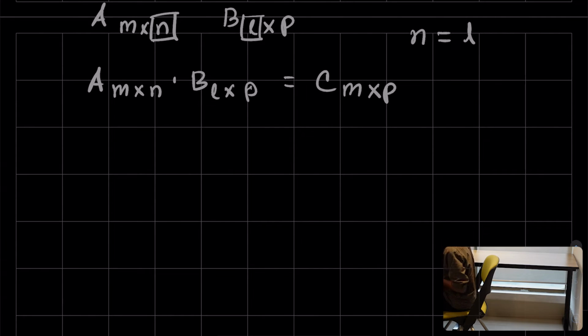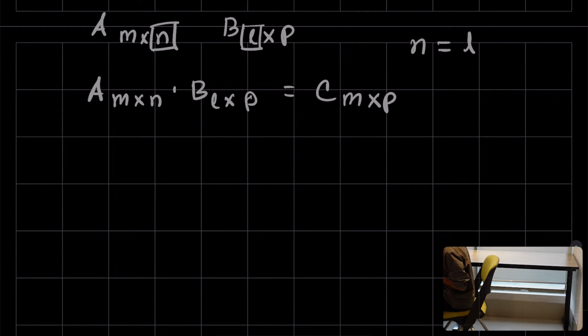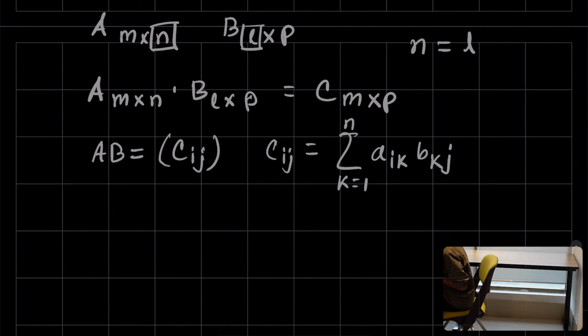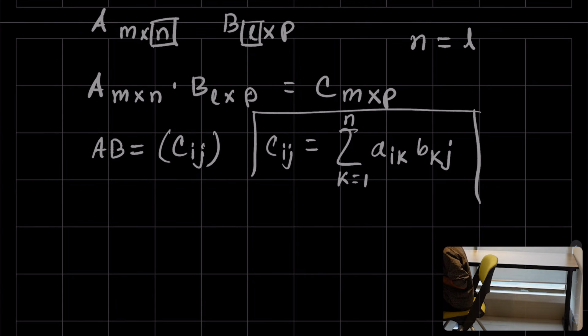So in general this can be defined as AB is equal to the matrix Cij, and Cij is defined, using the summation notation, as the sum for k equals 1 to n of Aik times Bkj. So this is the matrix multiplication.